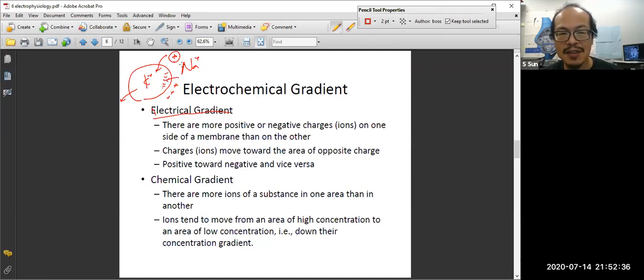Not just because there is more sodium outside than inside, so by diffusion it will diffuse in, it's also that inside is more negative, so that will also drive the sodium into the cell. So as long as there is any chance, if there is a door for any ion, they will move depending on their charge and also their concentration.